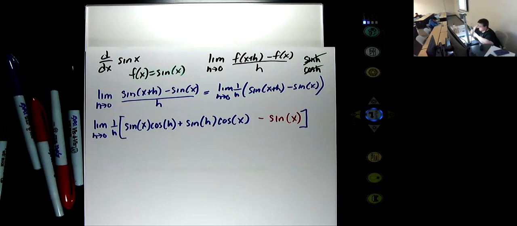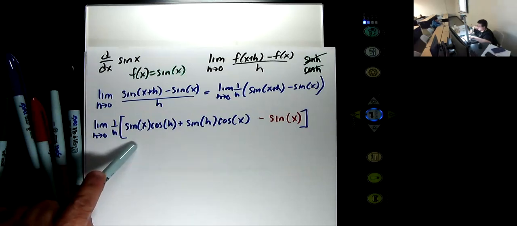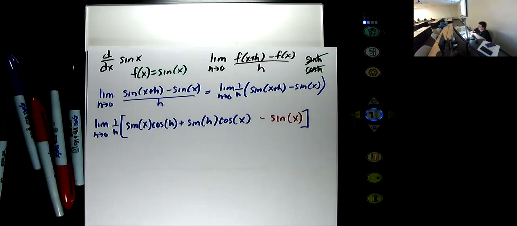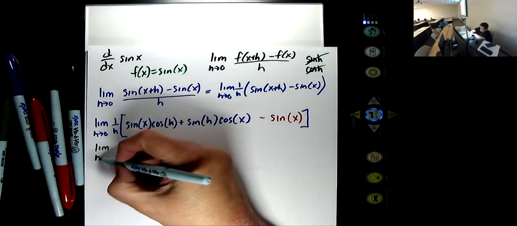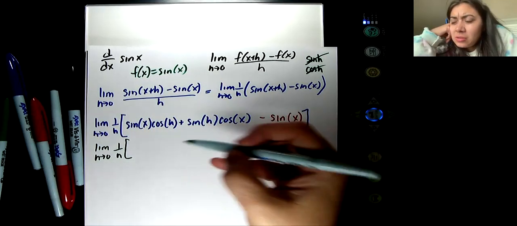Now what can I do? You can cancel out the sine x. How? Or positive. But I don't have a positive. I have a sine x with a cosine. Maybe I could group them. You want to try to group them? Let's group them. Could we factor out?